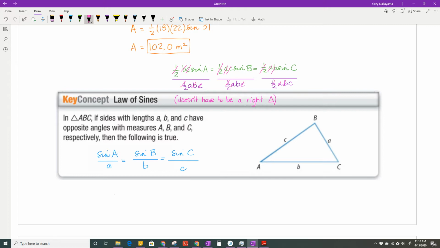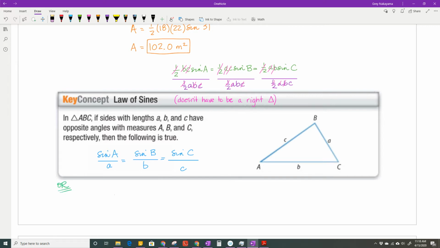The other thing is from your properties of proportions that you learned in geometry. I don't know how many of you remember it, but I use this property because it makes the solving simpler when I'm using the law of sines to solve triangles. So I have this proportion, sine of A over a equals sine of B over b equals sine of C over c.